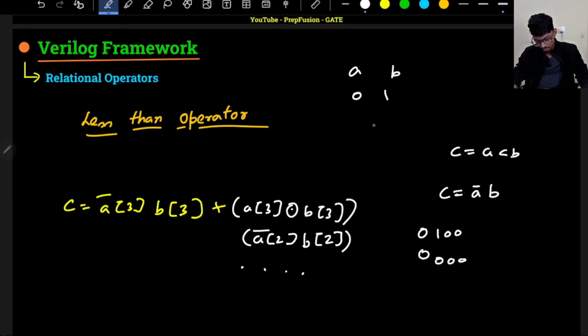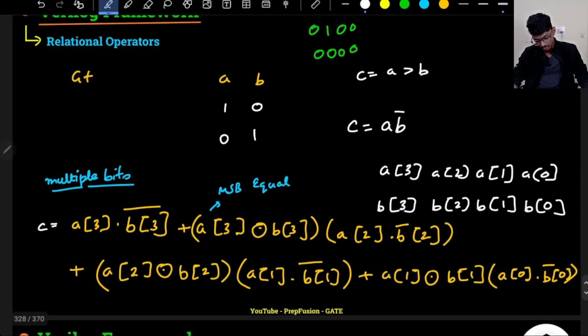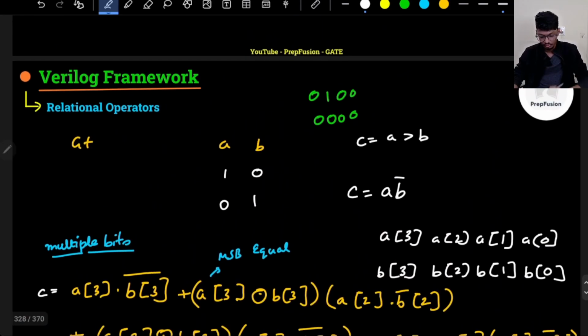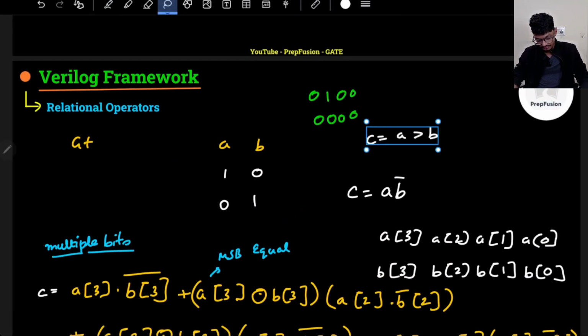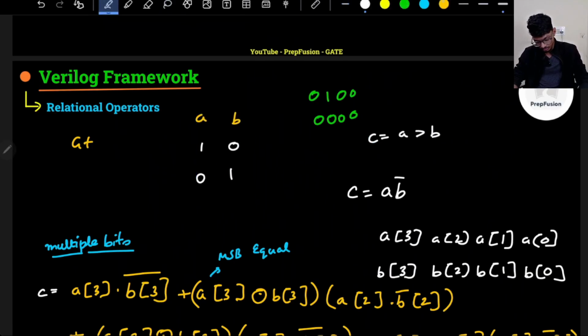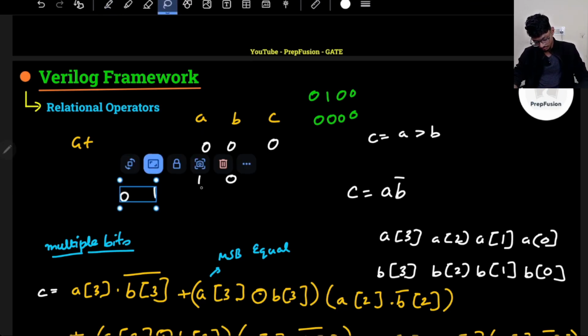So if A is 0 0, A is 0 1, 1 0, 1 1, what will be my output? If A is 0 0, output will be 0, else this will be 1, this will be 0, this will be 0. And here also we have done the same. This is how you will derive the logical expression. I did not mention it at first. I should have mentioned this at that point of time. See, so this will be A 0 0, C will be, in this case both are equal, so it will not be greater than if it is 0 1, correct.